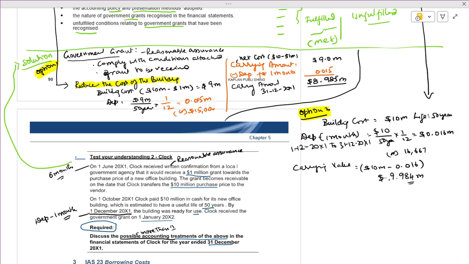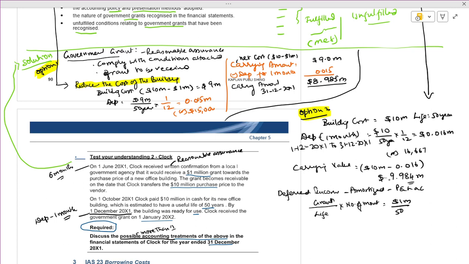Fine. Now, what is the deferred income? Deferred income should be amortized in profit and loss account. How much do you have to amortize? Grant divided by life times number of months. How much is the grant? 1 million.